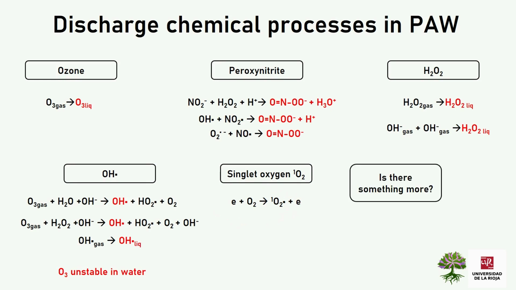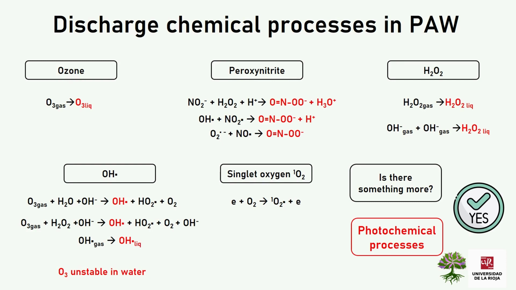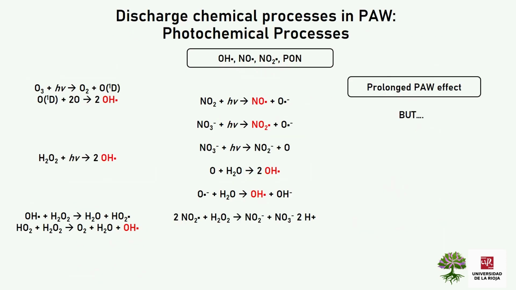Even though we have seen how these RONS are generated, is there something more? Yes, photochemical processes. In this slide, we can see how plasma photochemistry influences the generation of different strong reactive species, such as OH radical, NO radical, NO2 radical, or peroxynitrites.